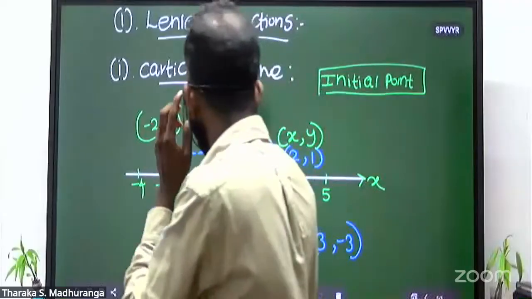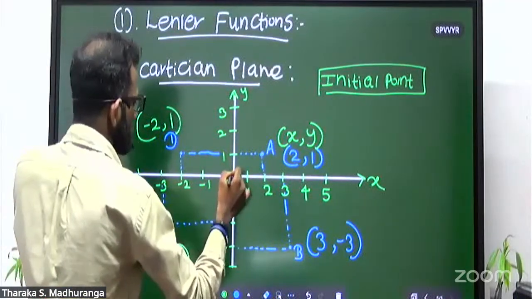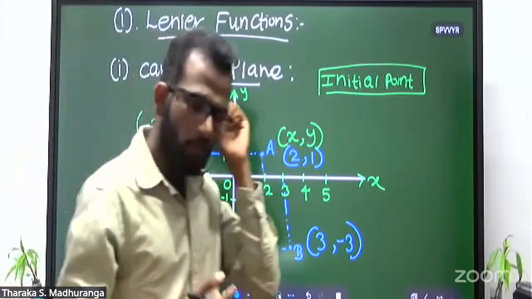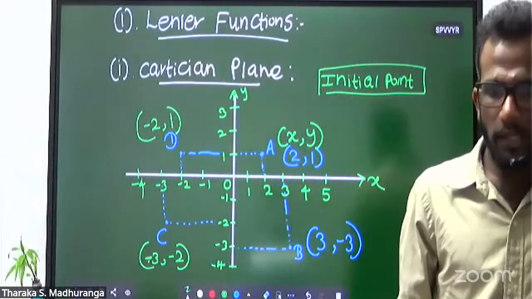That's the initial point or 0 point. They are not asking anything simple beyond what I gave.